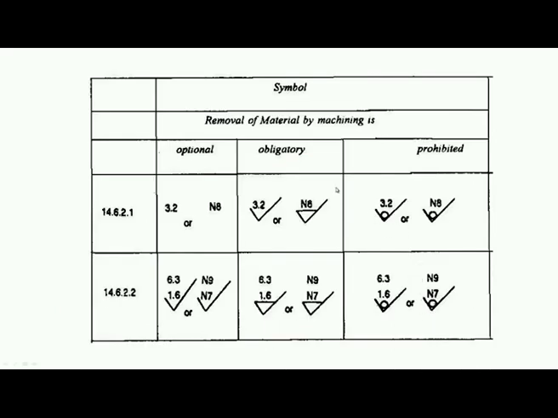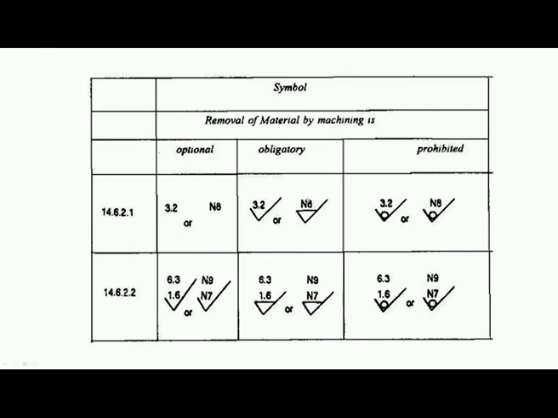And these are some other types of indication as per the ANSI standards. So, you can see here the removal of material by machining is optional, we can remove by machining or otherwise, and here it is obligatory, since we have this bar, and the preparation of the surface by machining operation is required.